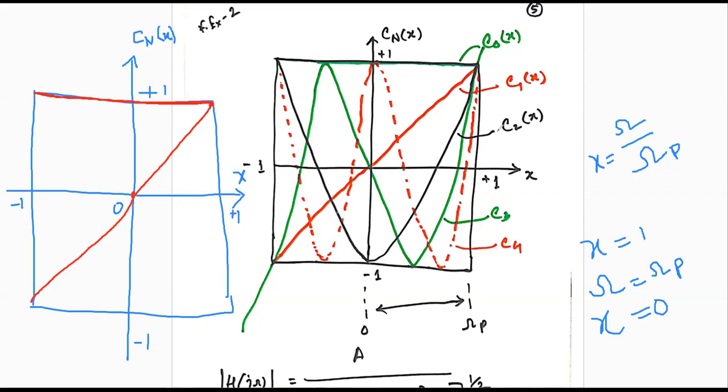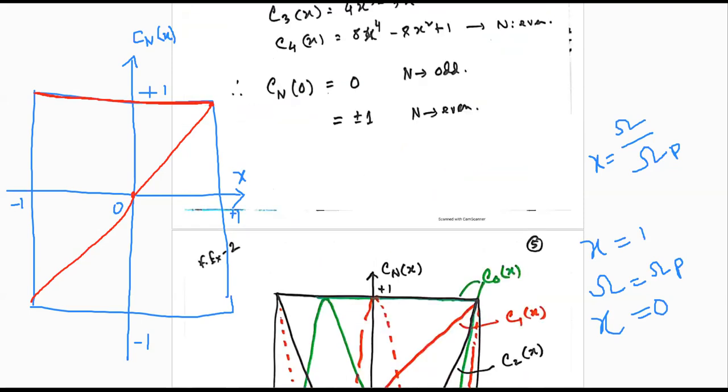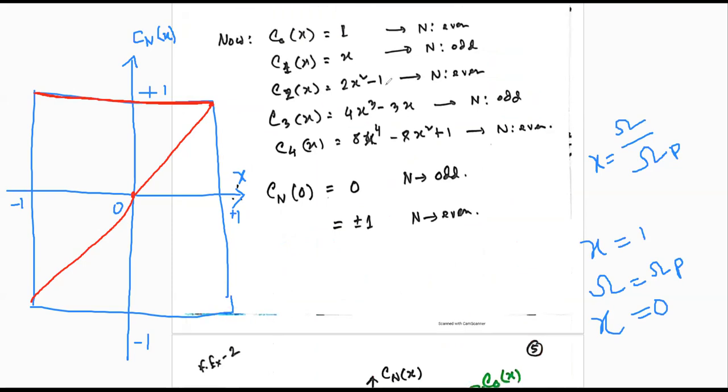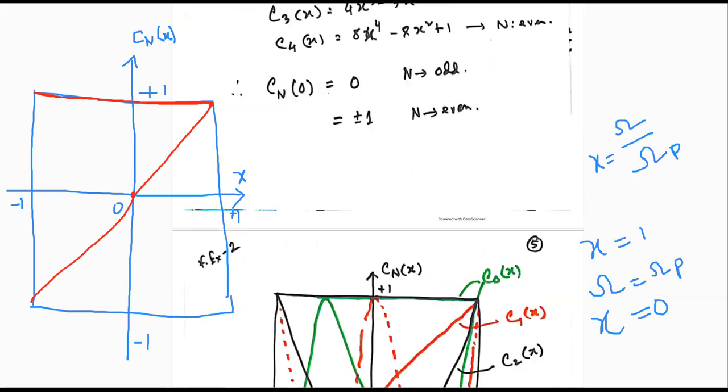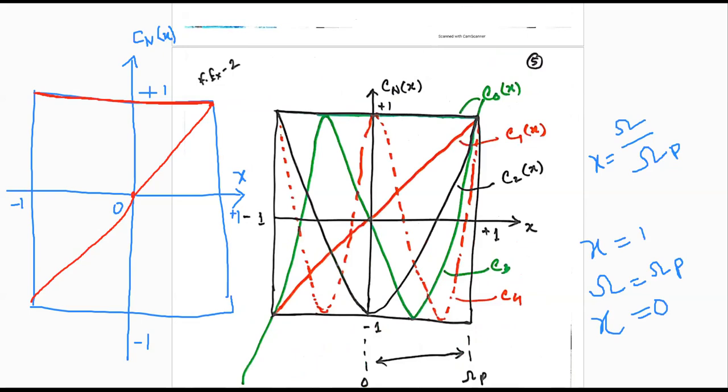For C2, what is the equation? This is the second order equation, 2x square minus 1. Just draw it. C2 looks like this, second order.